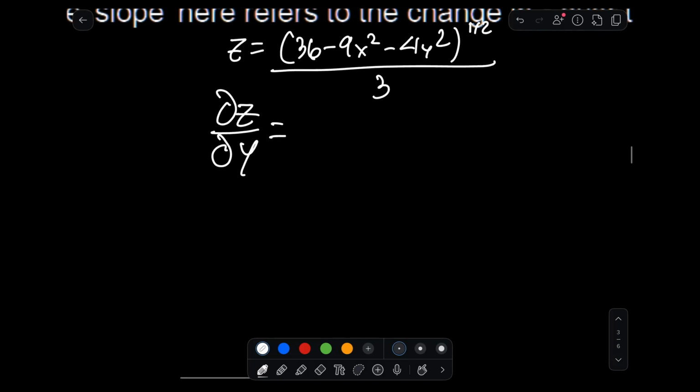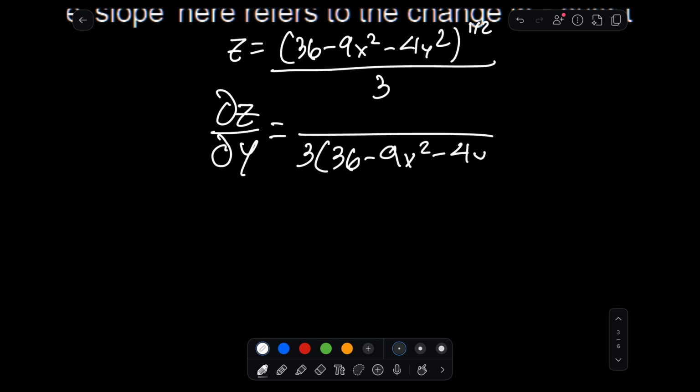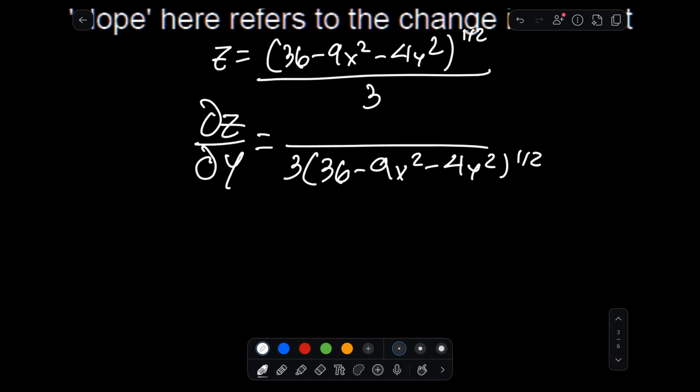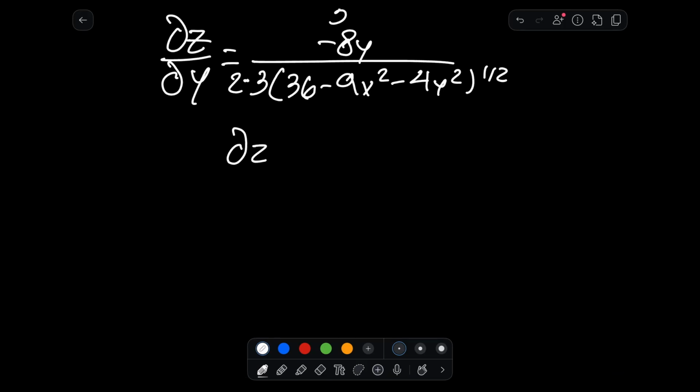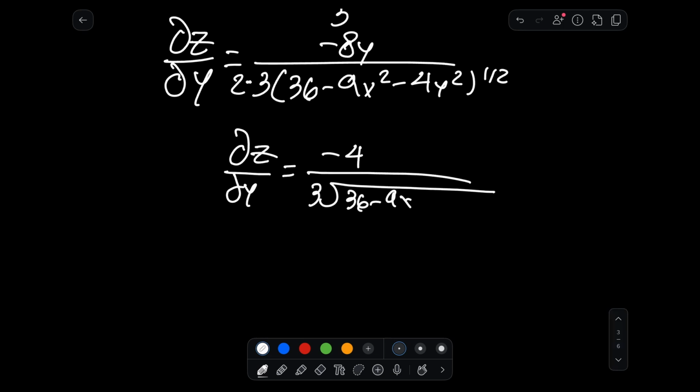So we're going to get 3 times 36 minus... And then we're going to multiply by negative 8y right here. And we forgot our 2 down here because it's the chain rule of the exponent. And then we got this. We can rewrite it like this.